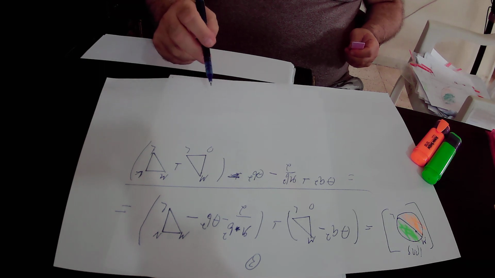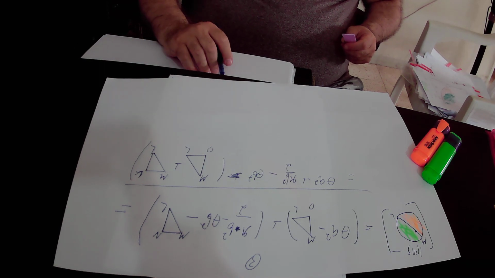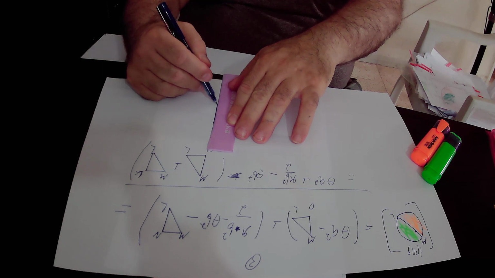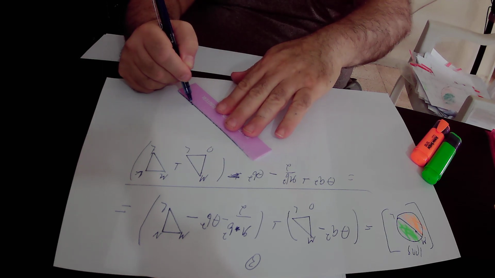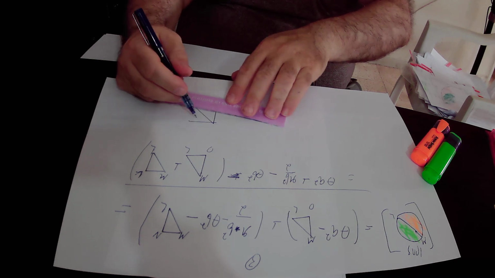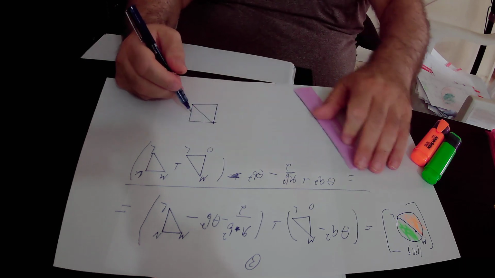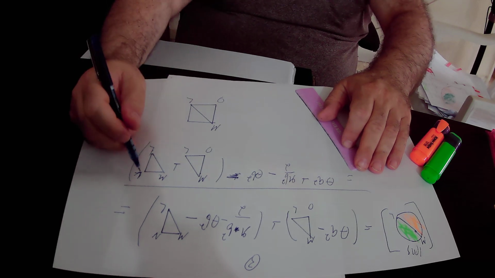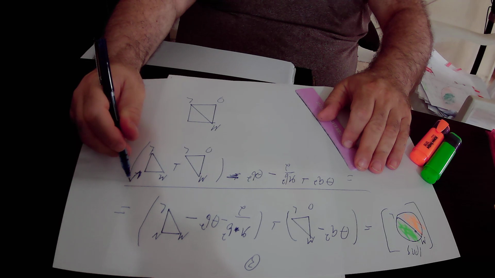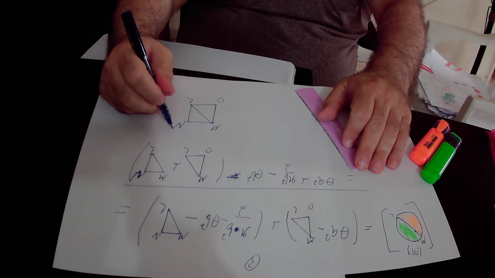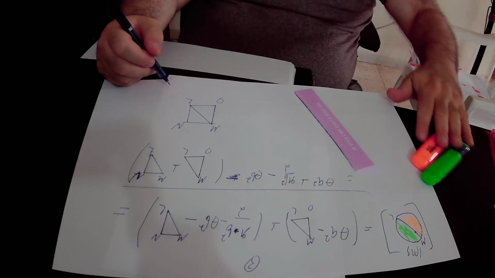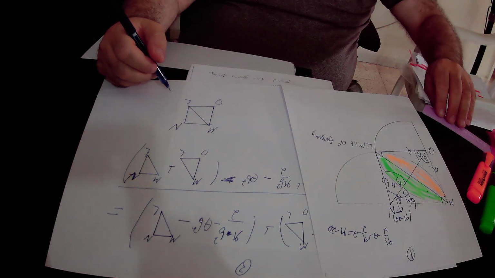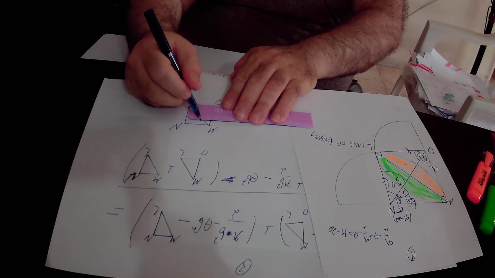In order to find out the area of those two triangles, we'll combine them together. This angle equals 90 degrees.